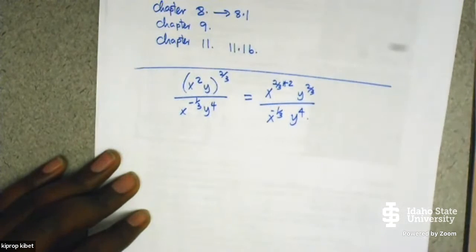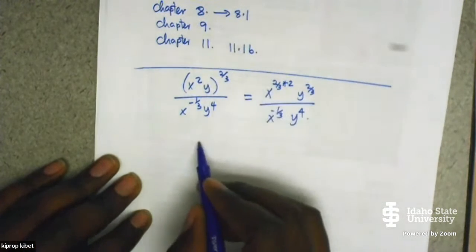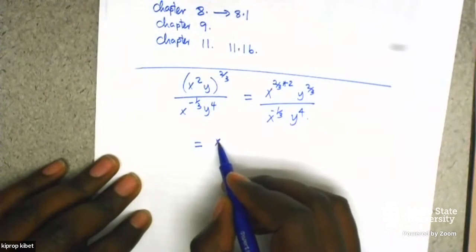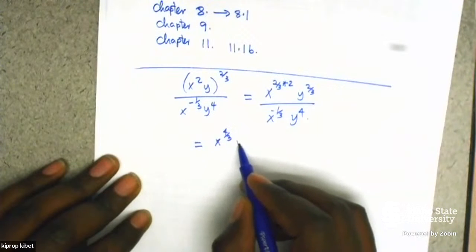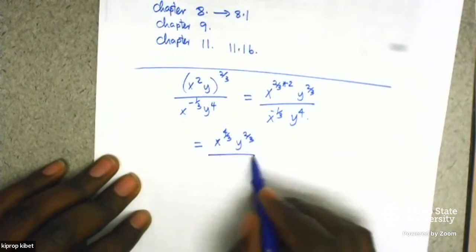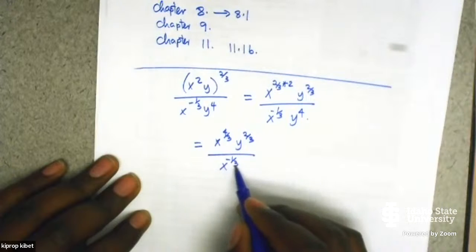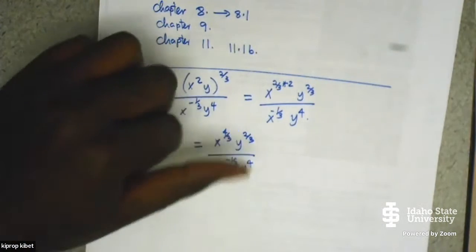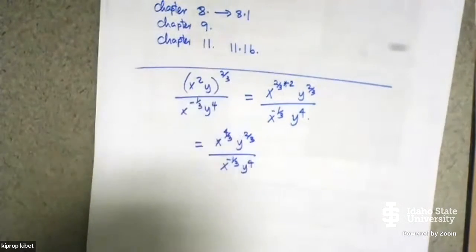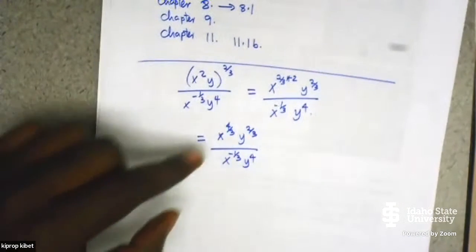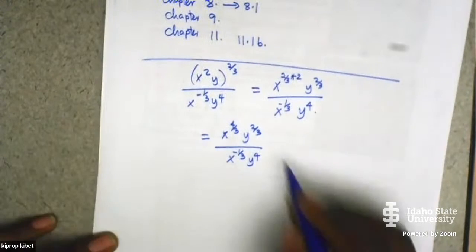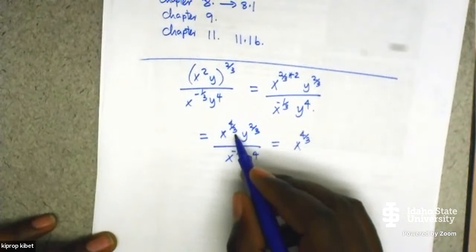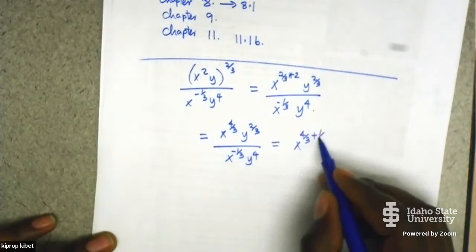Again, the next step, simplify this. You get x raised to 4 over 3, y raised to 2 over 3, all over x raised to minus 1 over 3, y raised to 4. Now collect the like terms. So x raised to 4 over 3, take this one up here, it becomes plus 1 over 3.